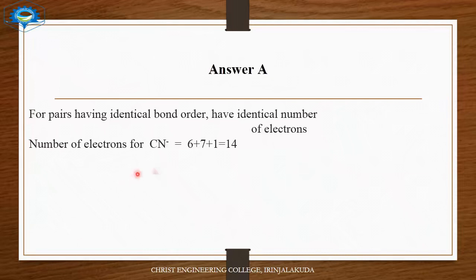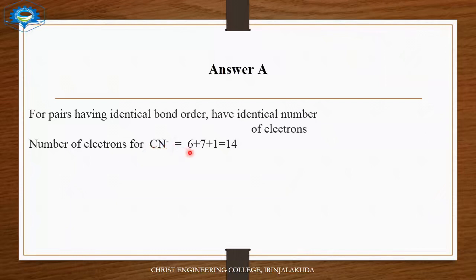Add the number of electrons in carbon and nitrogen as well as the negative charge. A negative charge means 1 electron is added into the system, so we have to add plus 1. A positive charge means 1 electron is removed from the system, so we have to subtract 1.